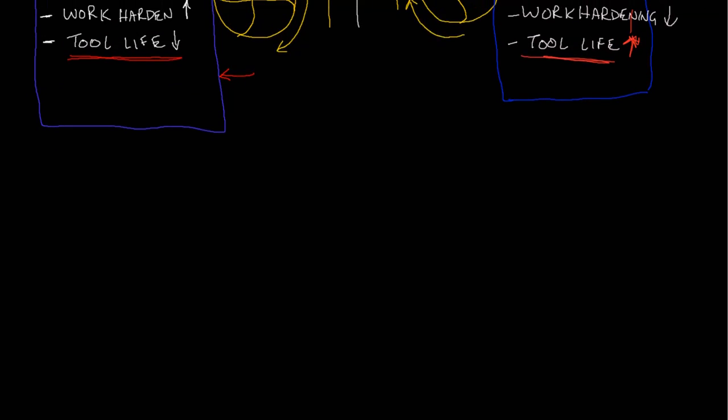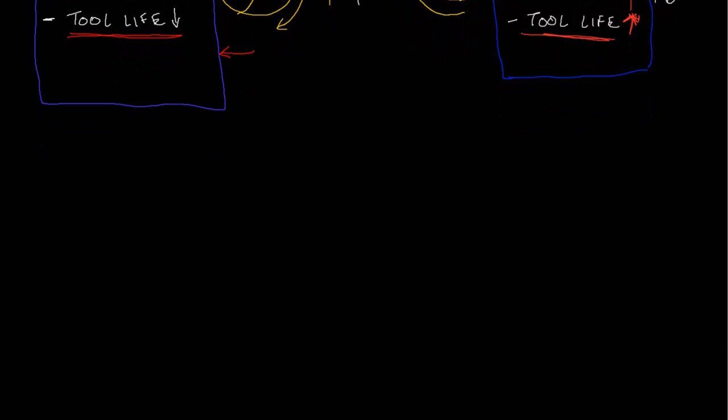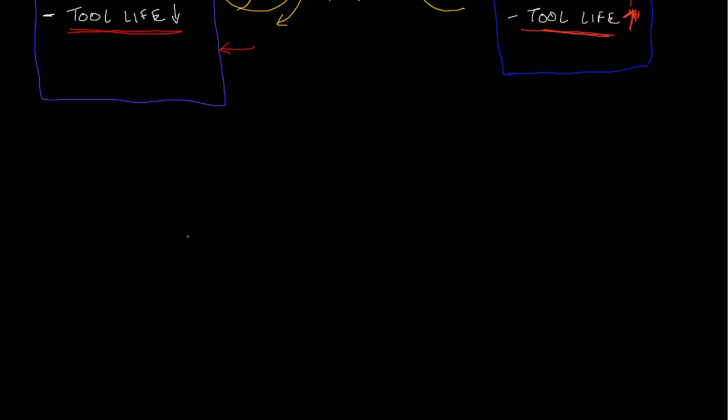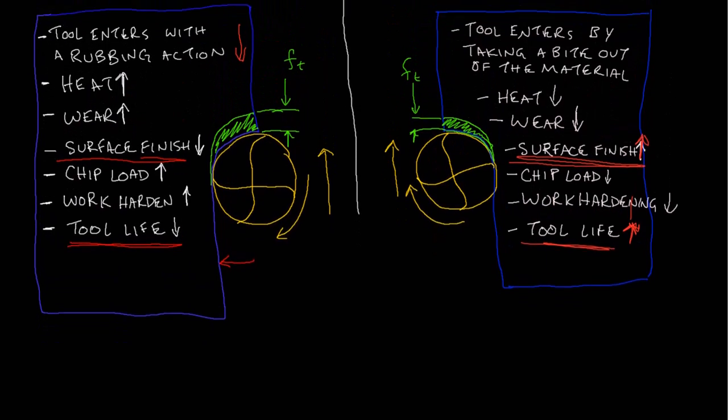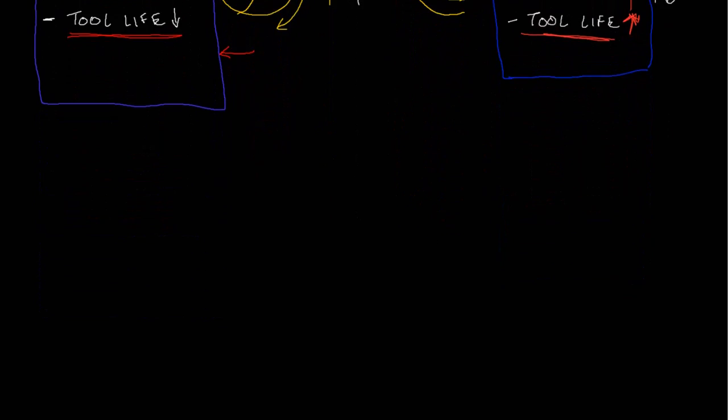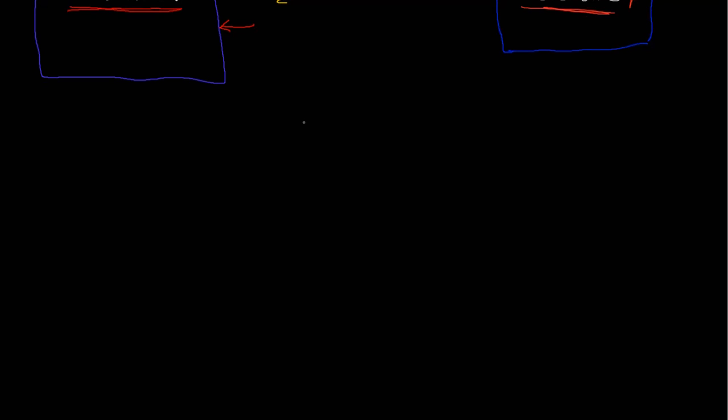So conventional mills, which are the older manual mills that you see, are only able to really mill by using conventional milling, hence the name conventional mill. And that's due to how the machine is built and how the internal components work.